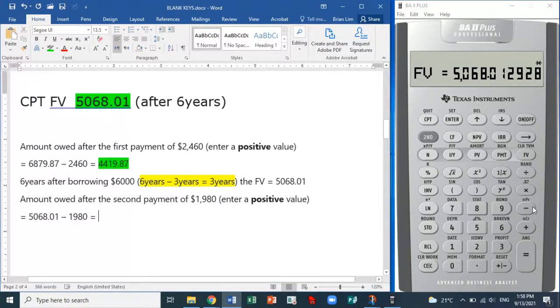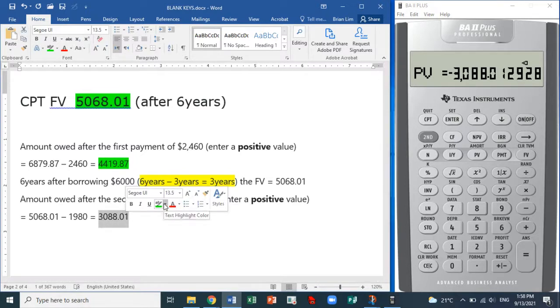So this is the future value. We subtract 1980, and we get this number here. We could put plus minus and make that the present value for the final part of the calculation. So 3088.01. That is the amount owing after the second payment.